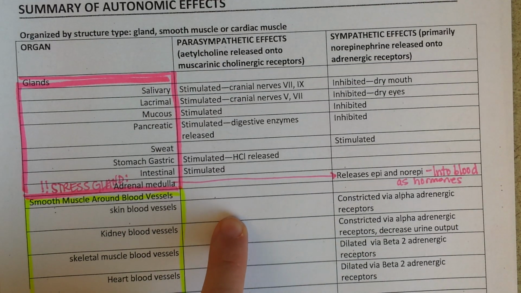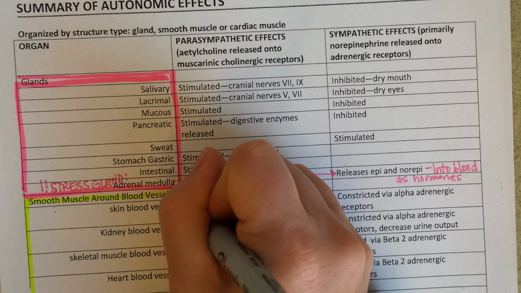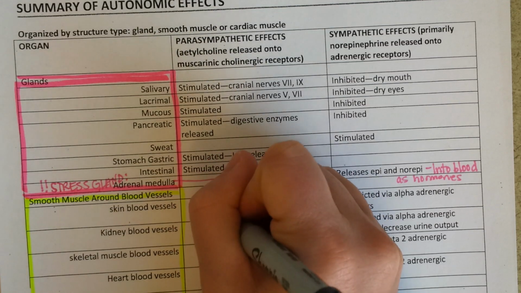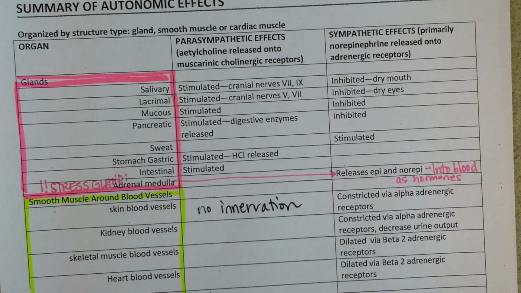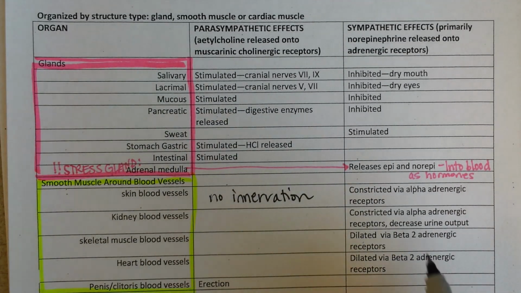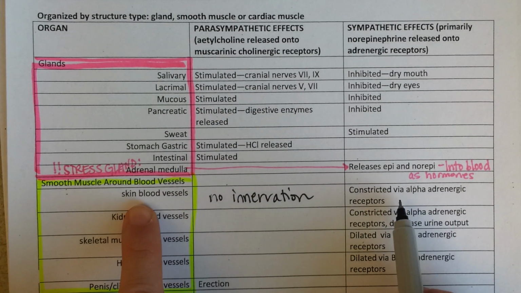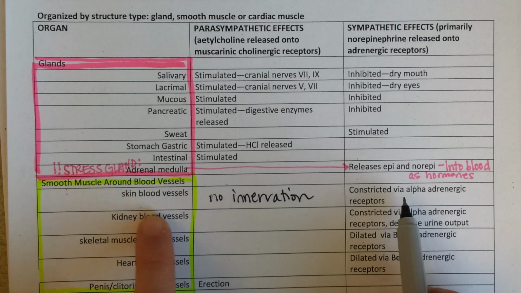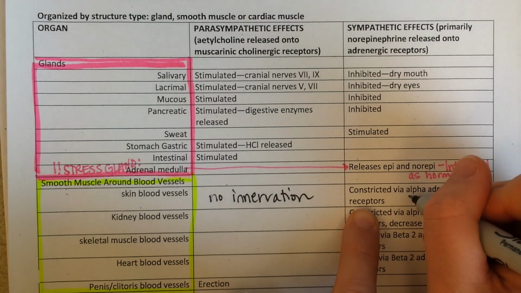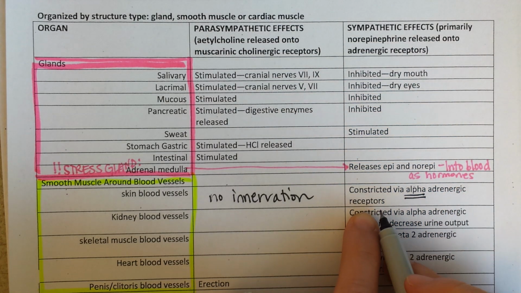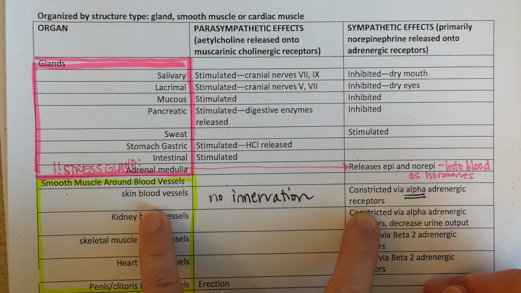Notice that there is no innervation, meaning no parasympathetic fibers go there, but there are certainly sympathetic fibers that go to skin blood vessels, and during fight or flight they're constricted, and specifically by a type of alpha adrenergic receptor. Okay, that's skin blood vessels.